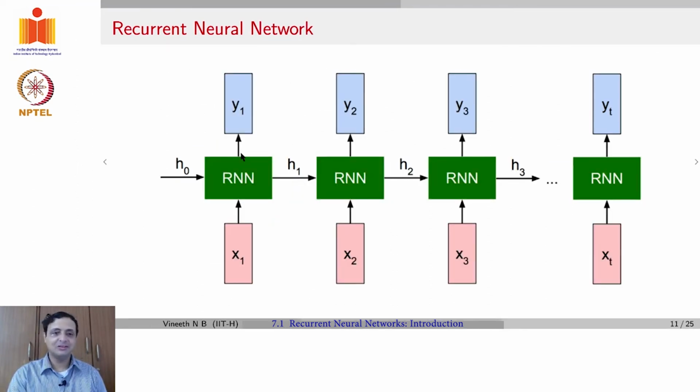Here is a visualization. At time step t1, given an input x1 and h0, an initial state, the RNN processes these two inputs, h0 and x1, using weights, say u and w, which are matrices of weights, and outputs a y1 if an output is required at that time step, and a state h1, which is passed on to the next time step of the RNN. At the next time step, the RNN receives x2 and h1 as input, and uses the same weights u and w as the previous time step.